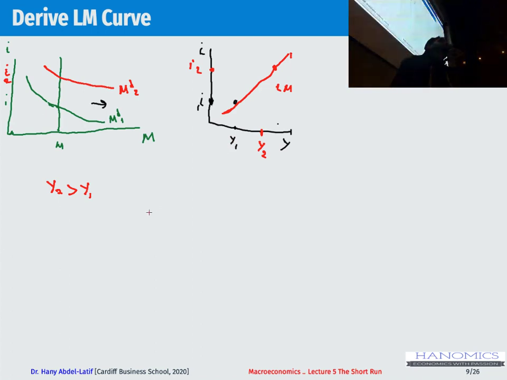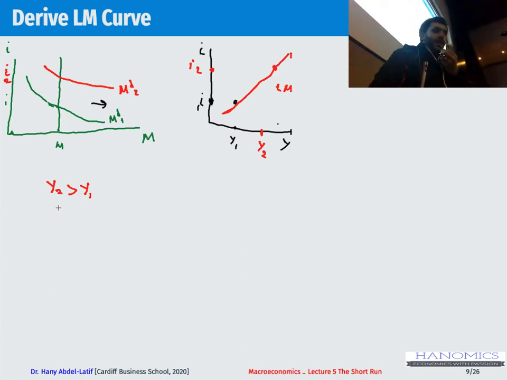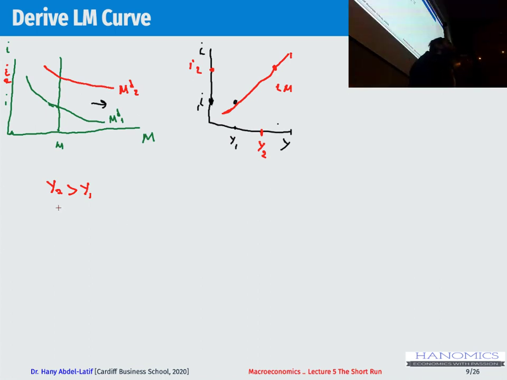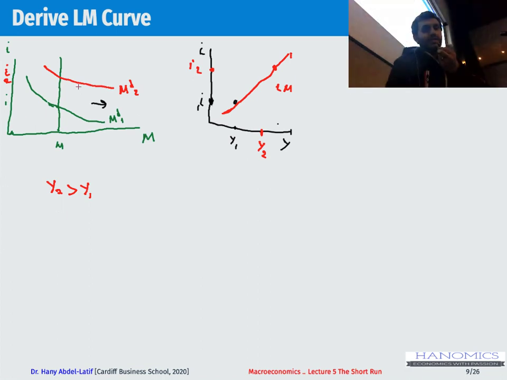Then I assumed a scenario in which Y has increased, so real income has increased. Of course, you would imagine that when income increases, there's more demand for money for transactions, and that means the money demand curve will shift to the right. That's exactly what happened here, this shift from MD1 to MD2.